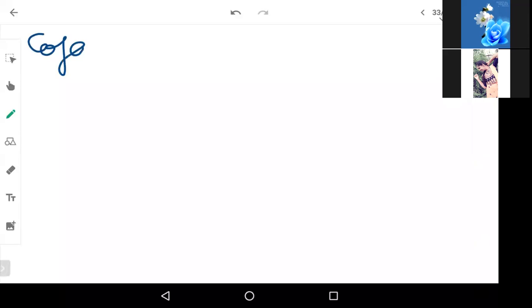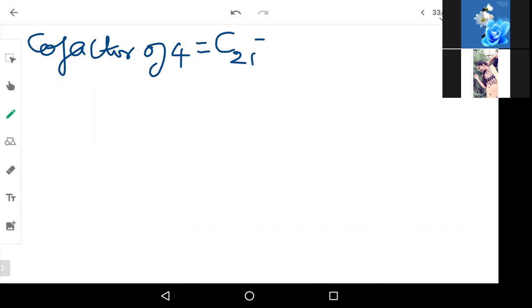So cofactor of 4 is nothing but second row, first column, which is minus 1 to the power of 2 plus 1. And what is the minor? 2, 1, 9, 0. Anybody got the answer for this?